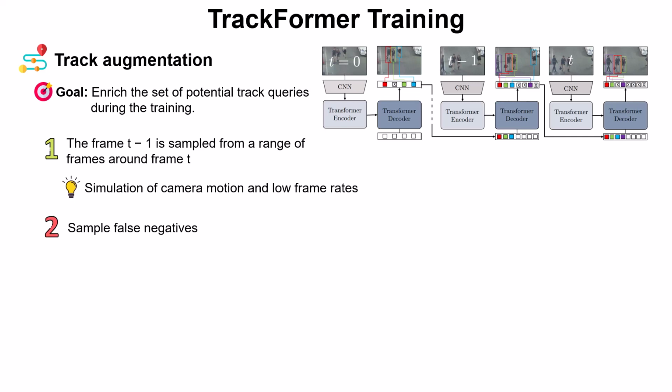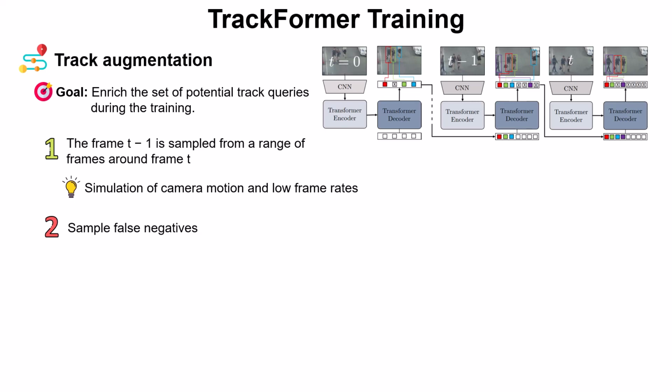The next thing is sampling false negatives. In false negatives, for example, knowing the fact that this blue token is pointing to this object, we do not pass it to the next frame. So we just pass the red and green and not blue. But what's the point of it?